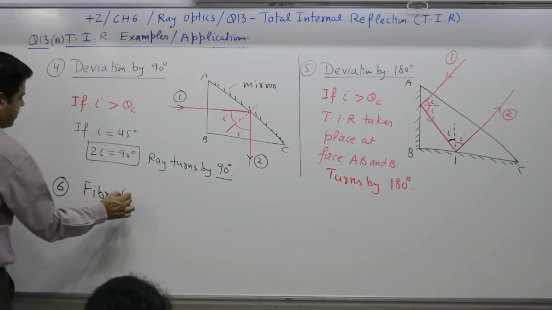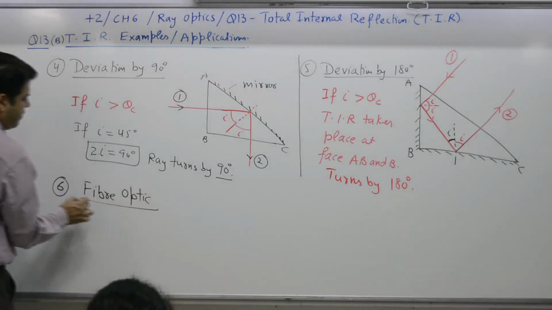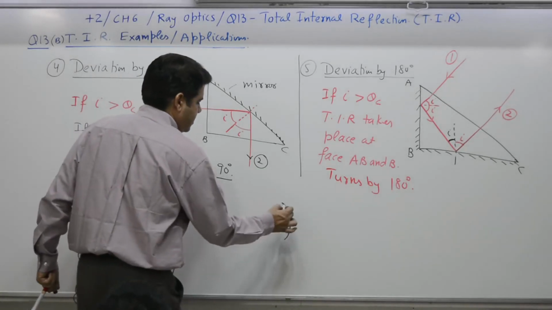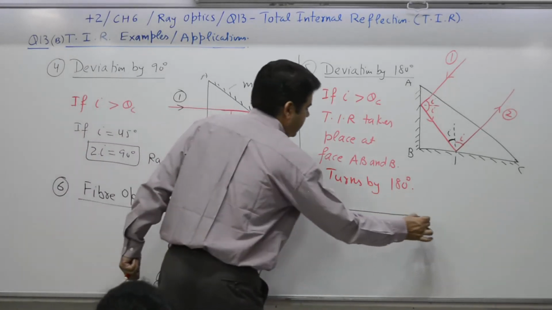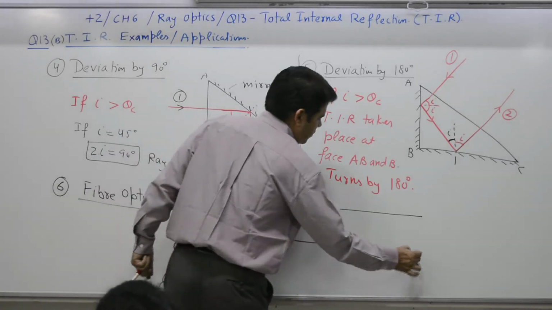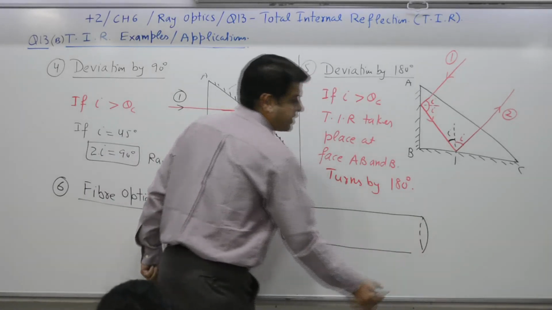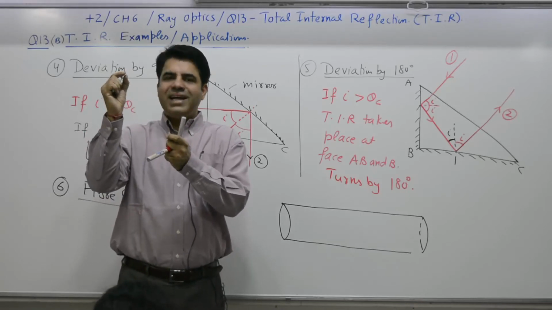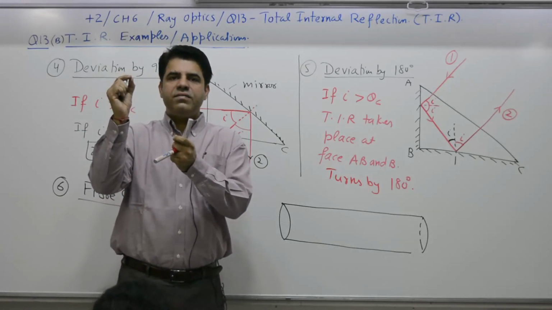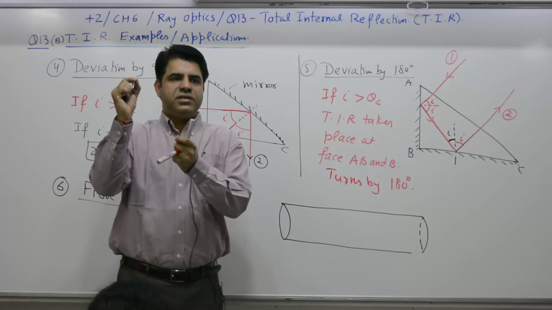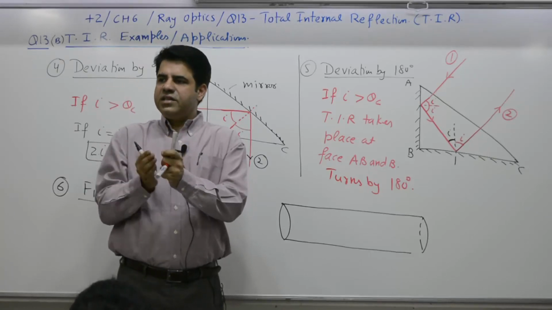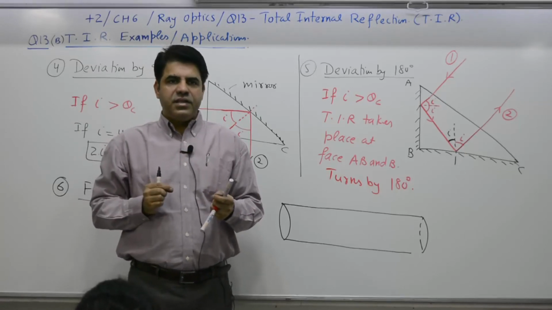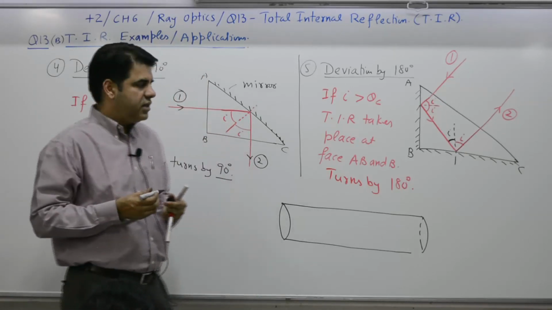One more application: fiber optic. All of you have heard about this. The phenomenon is, you have material just like glass, fiber optic material, plastic. You might have seen some of the decoration pieces, there is a thin wire and at the end of the wire you have a fiber optic illumination source. They appear to be plastic wires, but they are actually fiber optic threads.